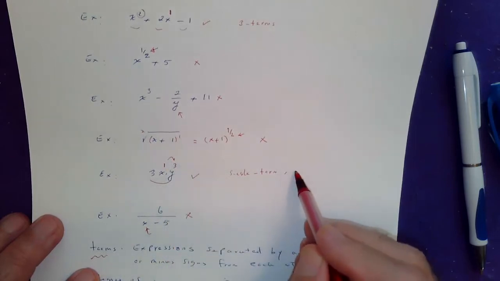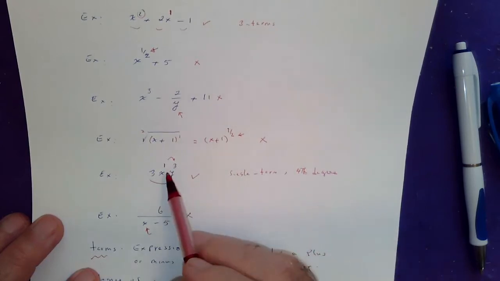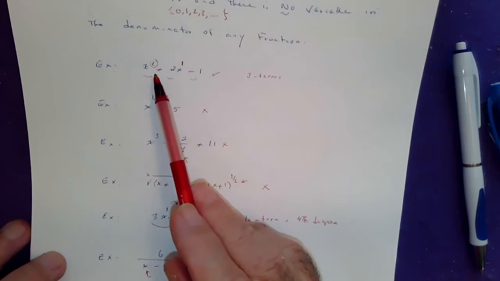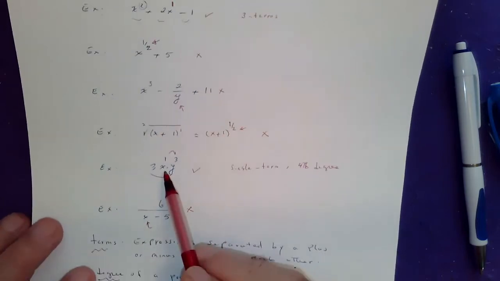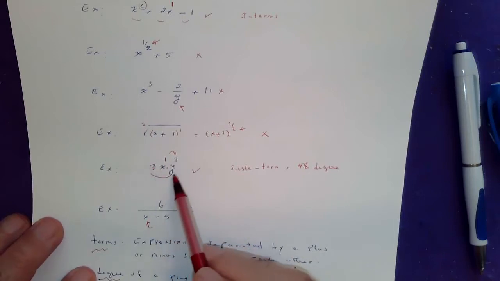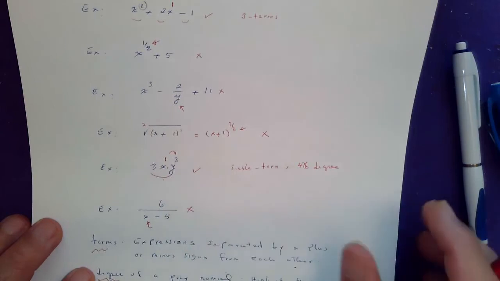So this, believe it or not, is 4th degree. When you have a single variable, pick the highest power in the expression. When you have multiple variables, meaning more than 1 variable, and they appear in product form, I need to add the powers to determine the degree of that specific term. Do you see it?